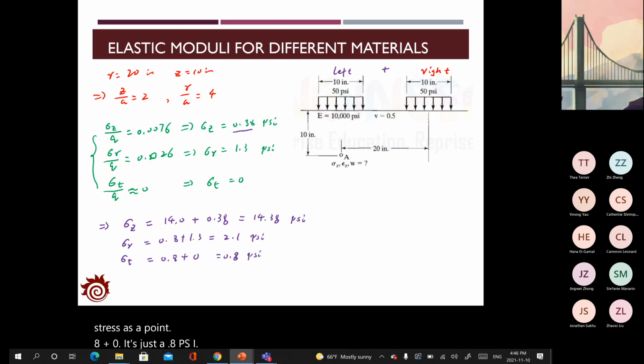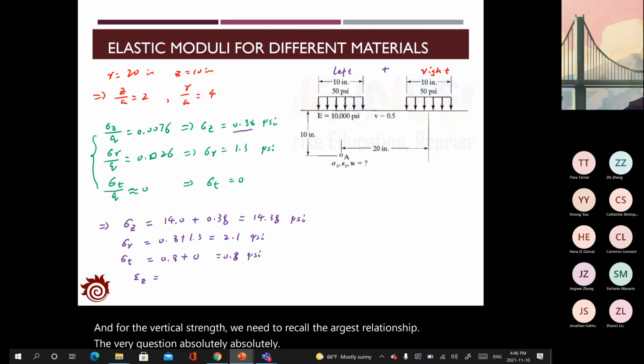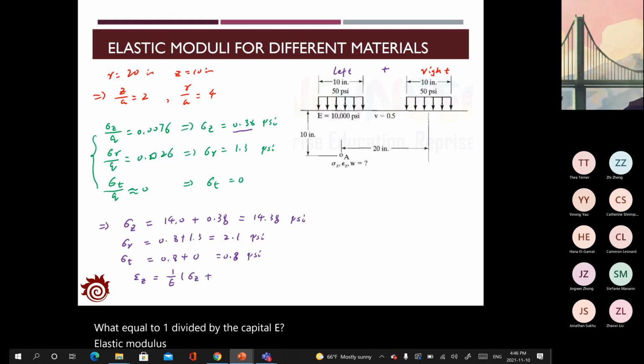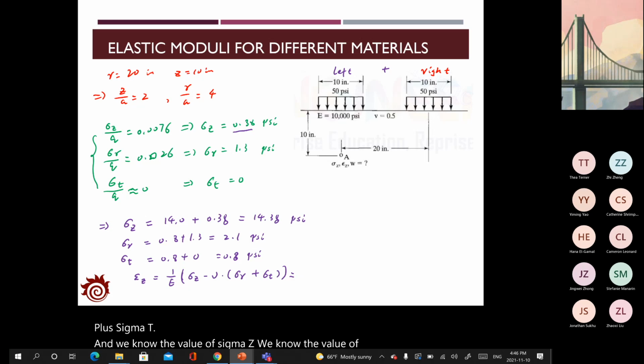And for the vertical strain, we need to recall the stress-strain relationship. The vertical strain epsilon Z will equal 1 divided by the capital E, elastic modulus, times sigma Z minus mu, the Poisson's ratio, times sigma R plus sigma T. And we know the value of sigma Z, we know the value of capital E, and also the Poisson's ratio.